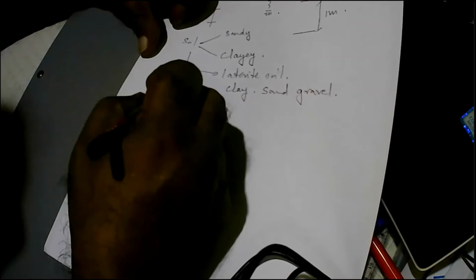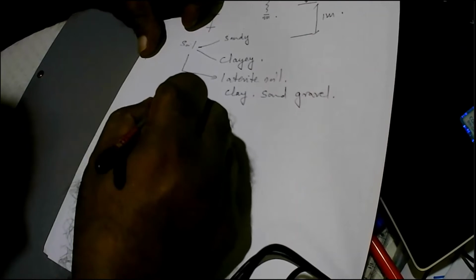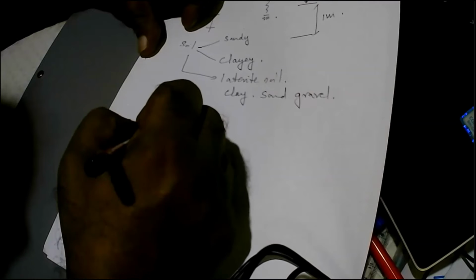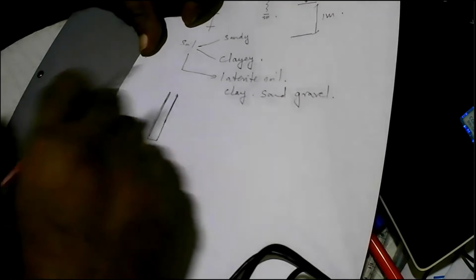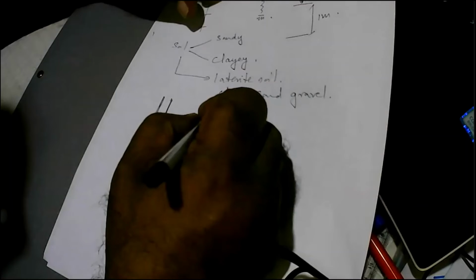So in the case of clay soils, that means you don't get much friction. So what you get is only the cohesion, C_u, the undrained cohesion.